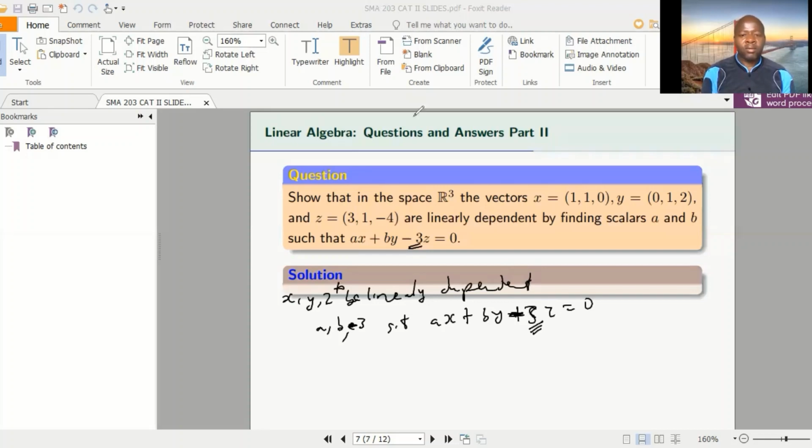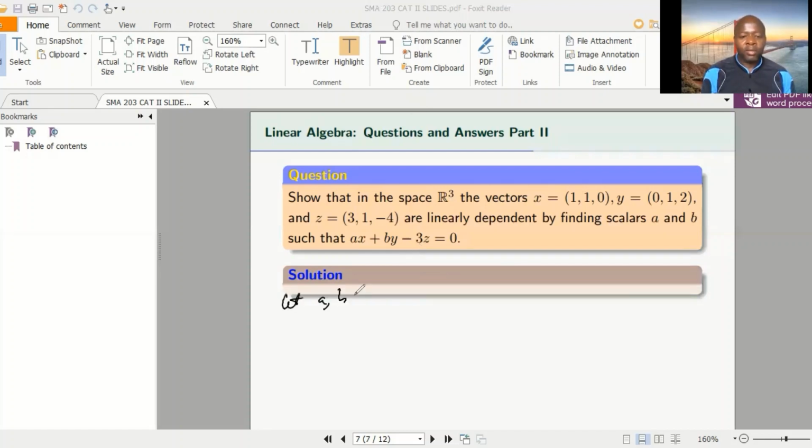So let's just now do our question. Let's do the answer. So we get a and b and negative 3 be the scalars or constants.